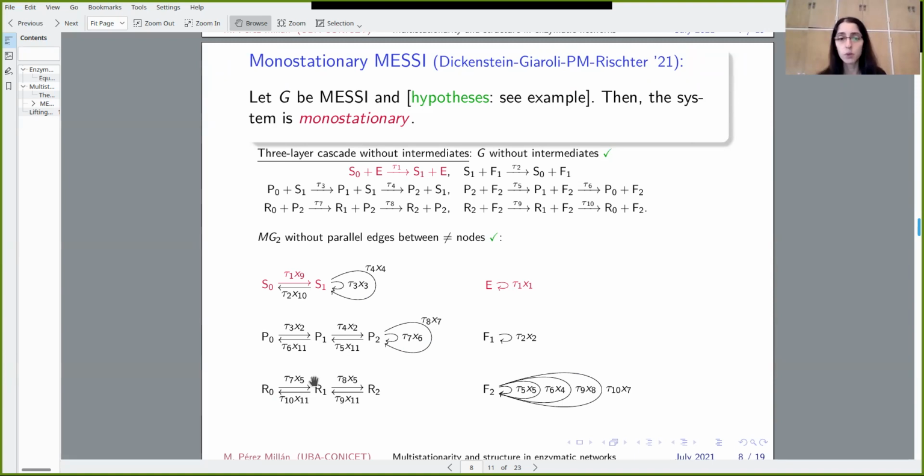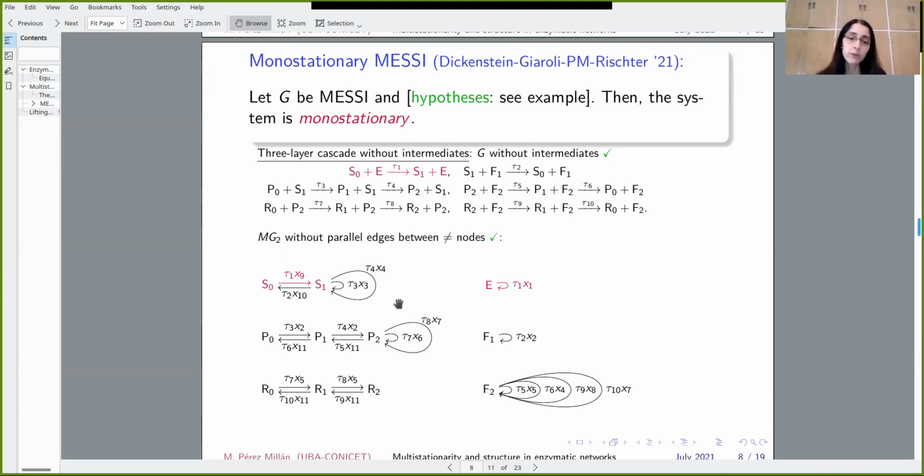And like this, we build all these arrows, and we have to look if there are parallel edges between different nodes. In this case, we do not have that. Here we have several parallel edges, but they start at F2 and end at F2, so it's the same node. And here these have different directions, so we are okay. There are no parallel edges between different nodes.